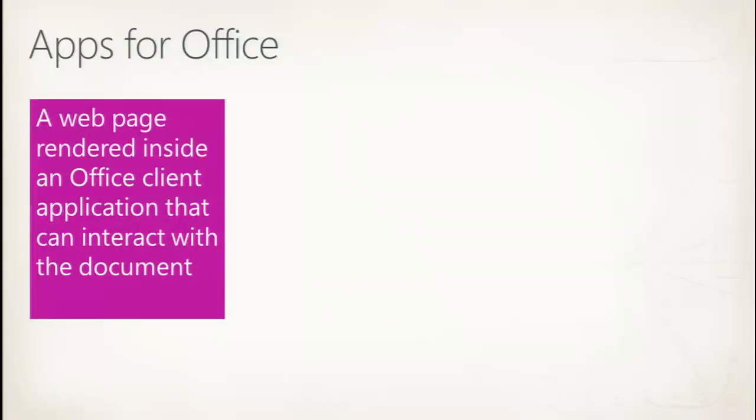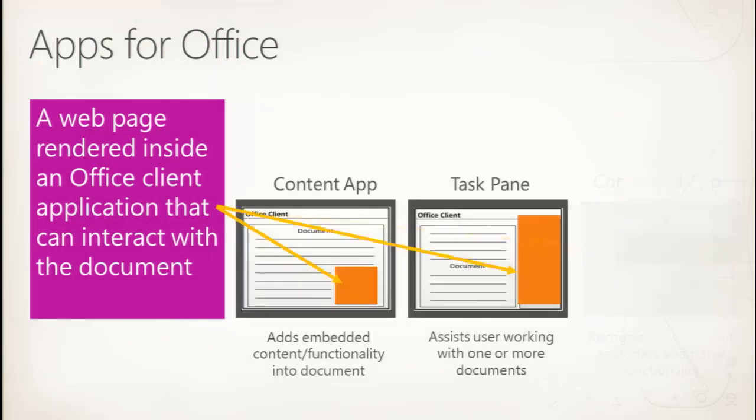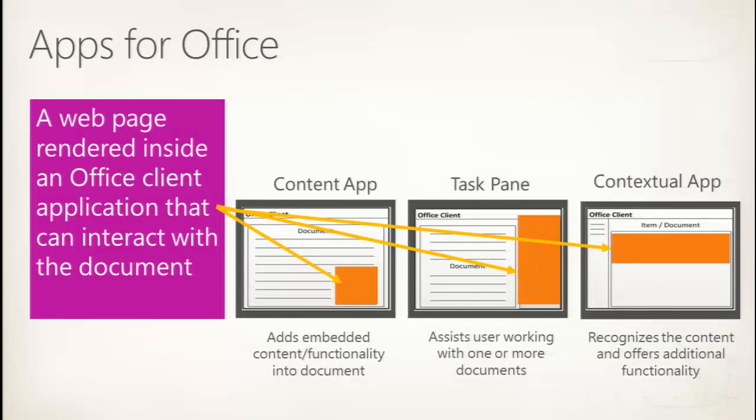The new apps for Office model is essentially a way to bring a web page inside of whatever Office application you're running, be it Word or Excel or Project or PowerPoint. Each of those applications supports some subset of these three apps for Office types. Content apps are ones that are based off of content in the document.